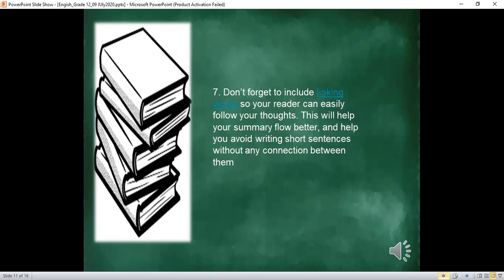Because linking words are important in anything that you're writing, as much as they are important in the summary. So it's important to use these conjunctions to create this agreement between sentences or between phrases, so that what you're writing flows and we are able as readers to follow your thoughts.